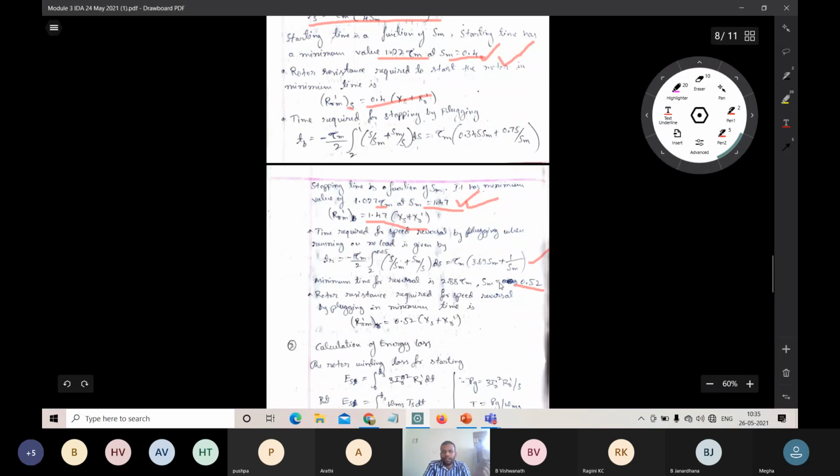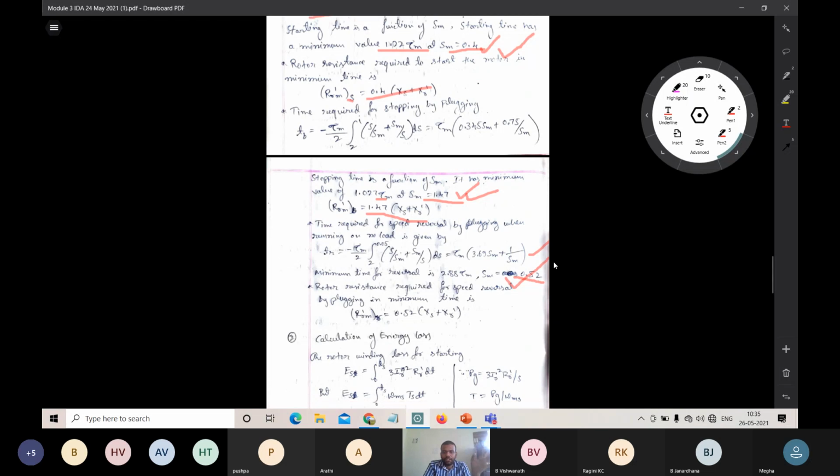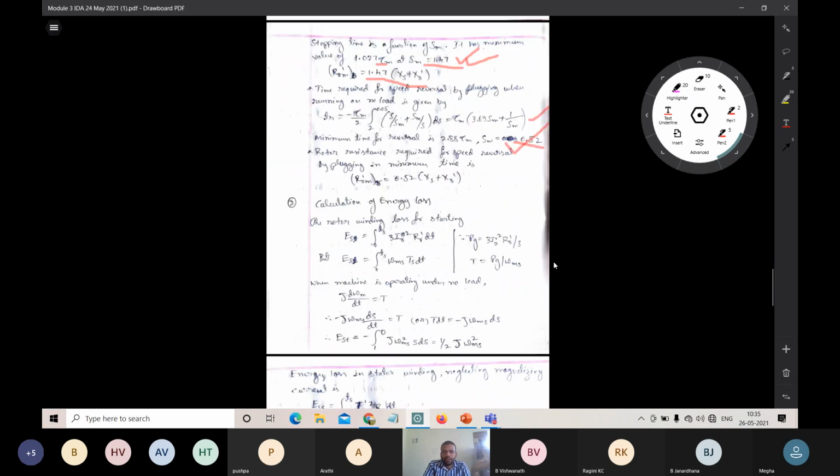So what is the condition here? The first condition was to start the motor. The second condition is to break the motor. And the third condition is to reverse the speed of the motor by using plugging. So these are the three time constants that we derived now.